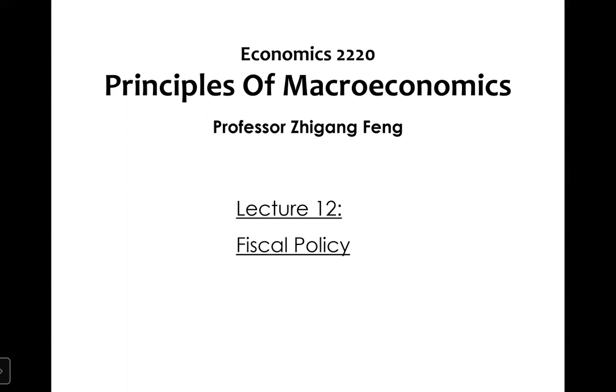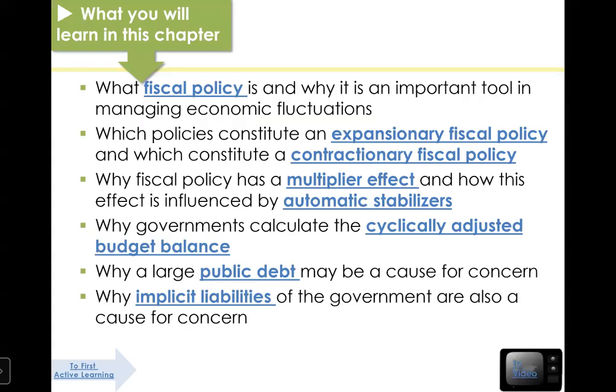We start with fiscal policy, and this is a roadmap of this chapter. We are going to look at what is considered fiscal policy, like a definition, and we rely on the earlier models we studied.